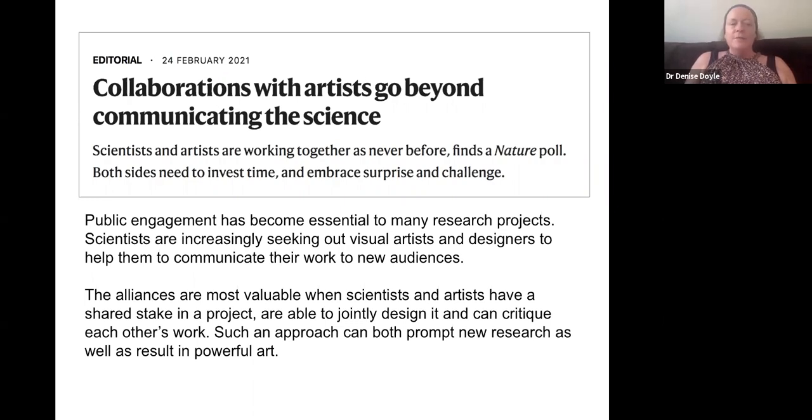And for those in research, public engagement with science has become essential. And it isn't a surprise that scientists are increasingly seeking out artists and designers to help them to communicate to new audiences.